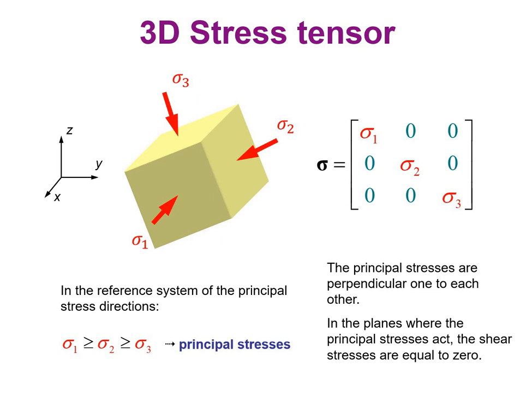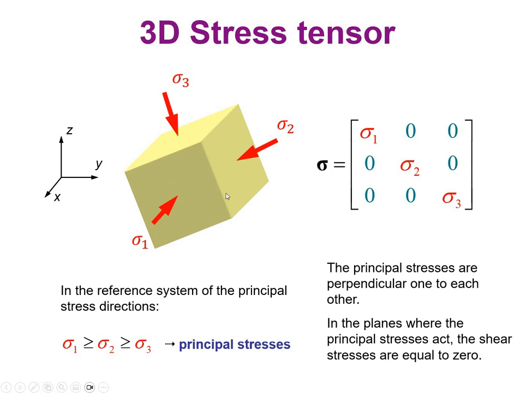This is another property of the stress tensor, and actually it's a property of any tensor. So the stress tensor at some orientations reaches a position where you have maximum, medium, and minimum axial stresses that are defined here, that are called principal stresses, and for which the shear stresses are equal to 0.